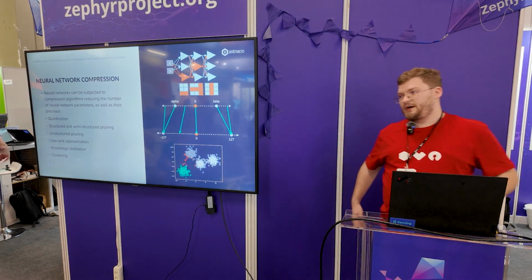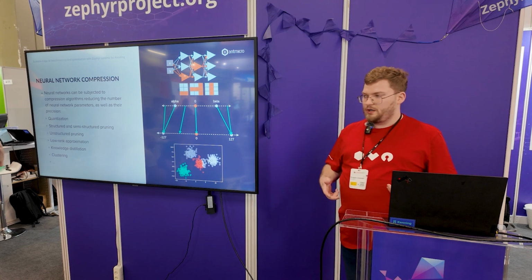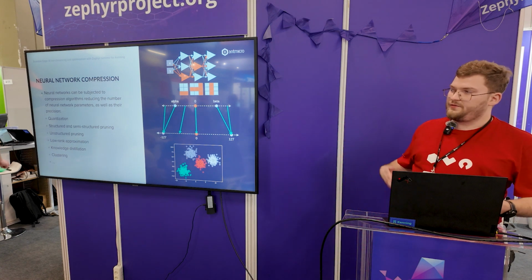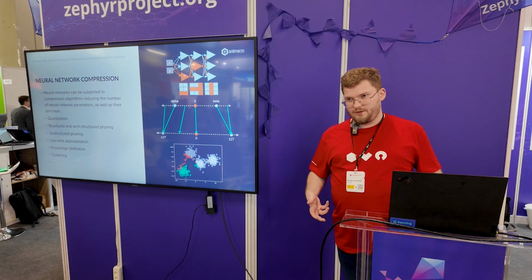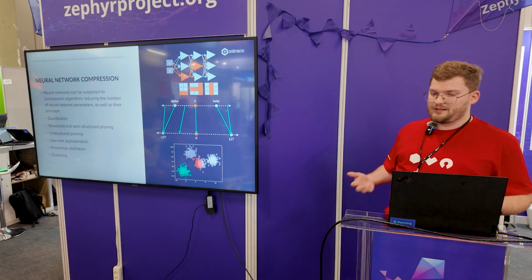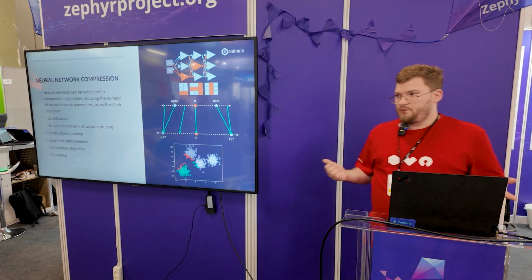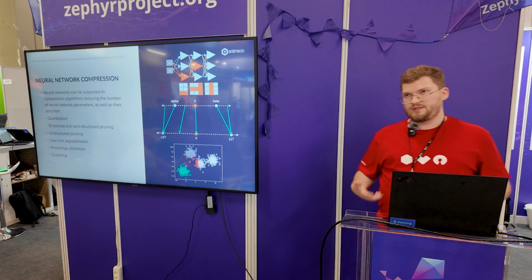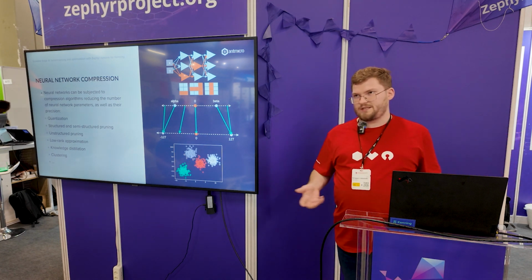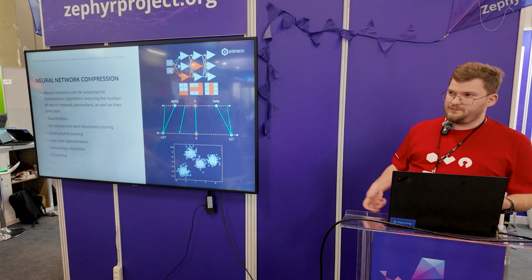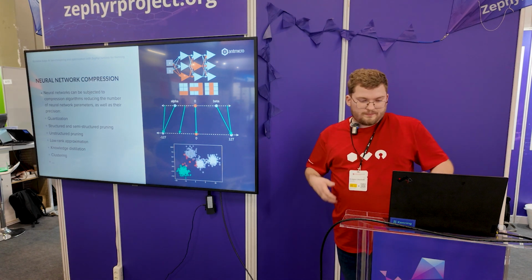Still, especially nowadays with the emergence of large language models, we have more and more algorithms for optimizing neural networks. We have algorithms for reducing the precision of weights. So instead of having 32-bit floats or 16-bit floats, we have 8-bit, 4-bit, and 3-bit integers.